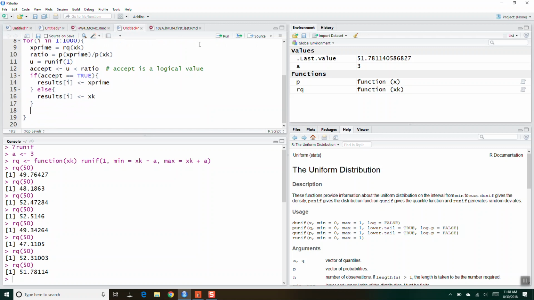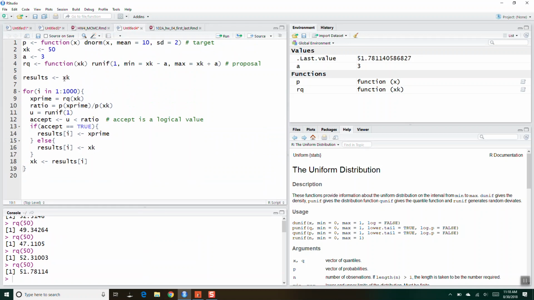Okay, and then the next value for the next iteration will be results i. So we're going to take whatever we stored, results i, and that will be the value we use for the next iteration. So actually, let me do results, and we will just create 1,000 of these values here. Right. So this is just a placeholder to store our values.